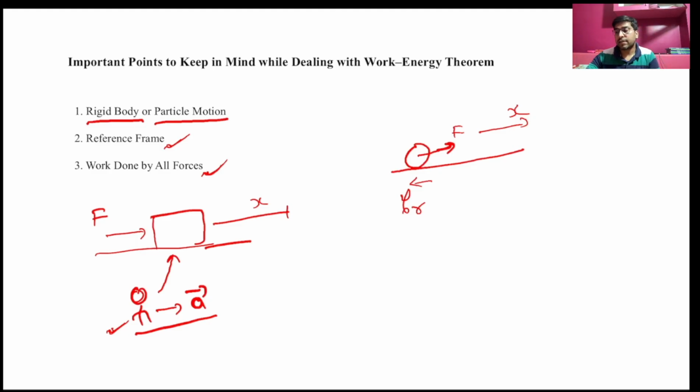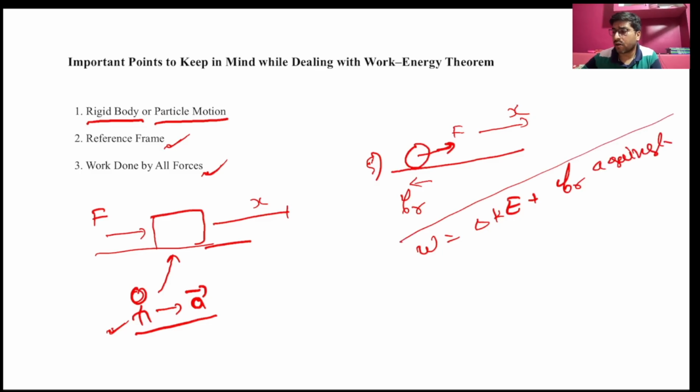So in this third case, work done by you is equal to the change in kinetic energy of the object plus work against friction. You have to consider that. Understood? So you have to keep all these points in mind.